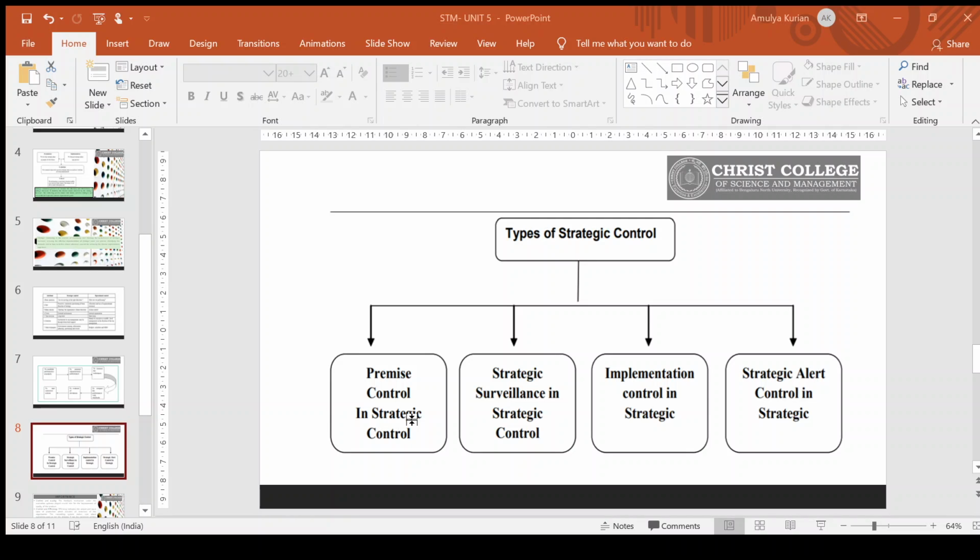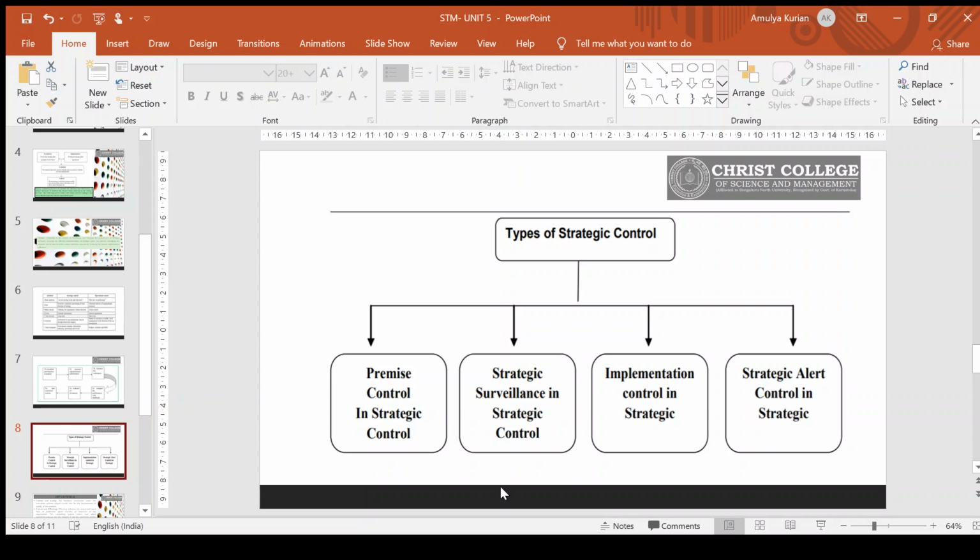Environmental factors will be PEST, political, economic, social and technological things which are happening, and industry factors are the competitors, suppliers and the market conditions available for the industry. So that will be looked upon in premise control.